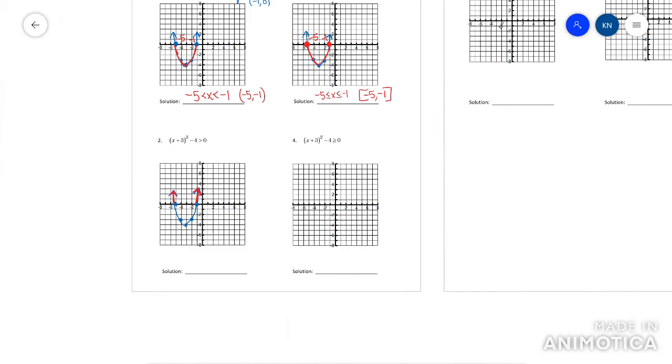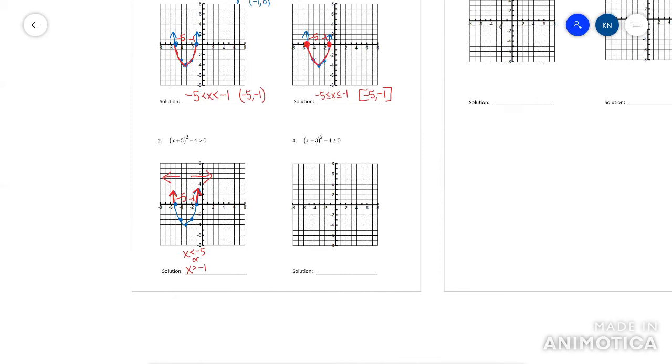So that's this section and this section. So it is from -5 and -1 again, but this time, instead of being from -5 to -1, it's everything to the left of -5 and everything to the right of -1. So it's all my x's that are less than -5 or all my x's that are greater than -1.